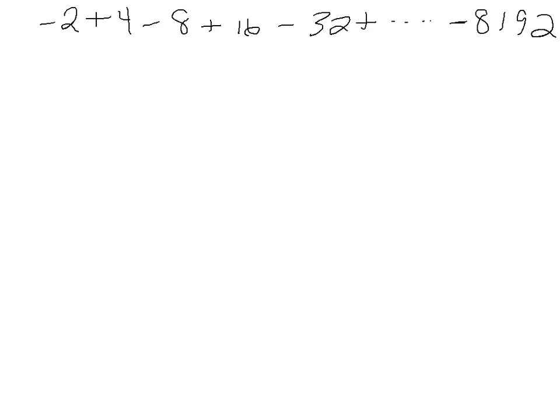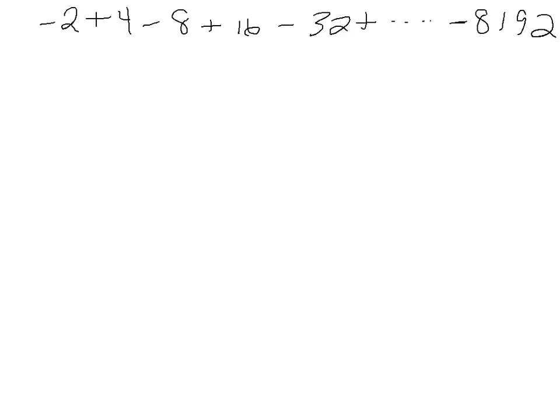Minus 2 plus 4 minus 8 plus 16 minus 32 plus ... minus 8,192. Okay, this one's a little different because we notice that the signs here are alternating, right? So what do you think is happening when we go from one term to the next?